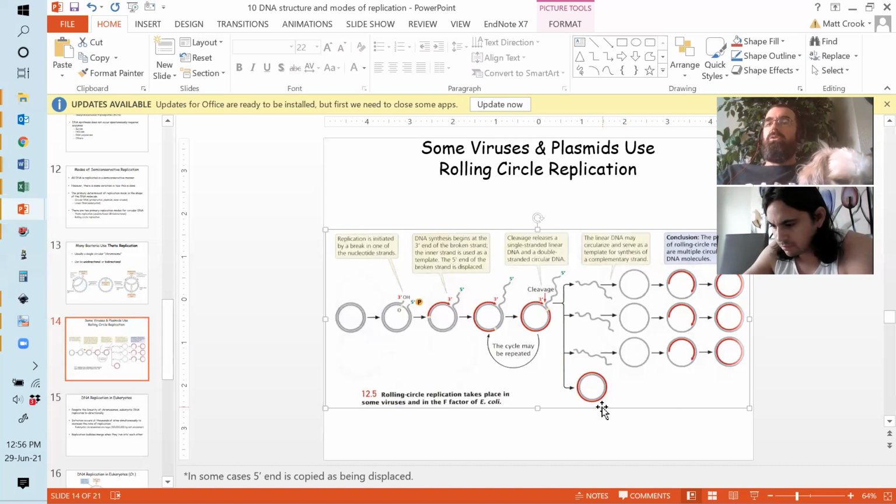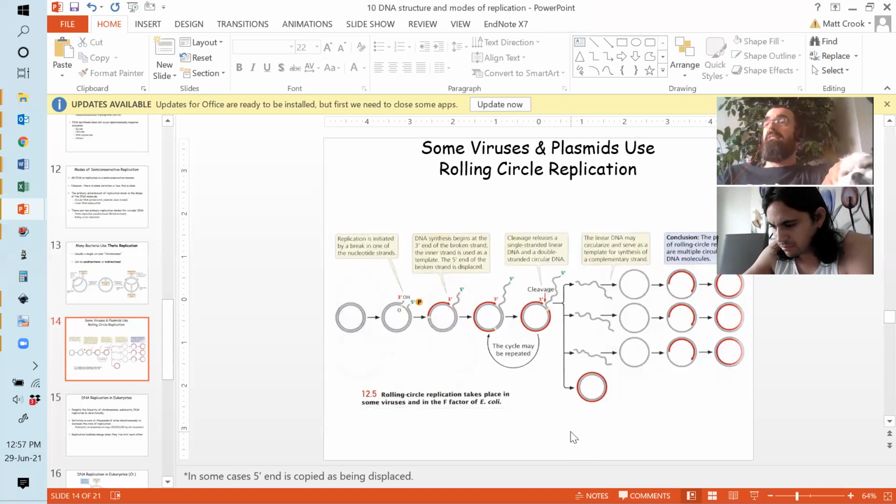Because while you're synthesizing this outer strand, you generate one of these linear strands that gets copied. That can be going on while you're doing the same thing again, and you can do a lot of DNA replication in parallel. So that's the big deal about rolling circle replication: speed.